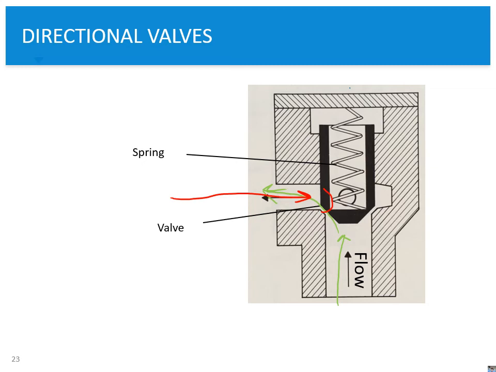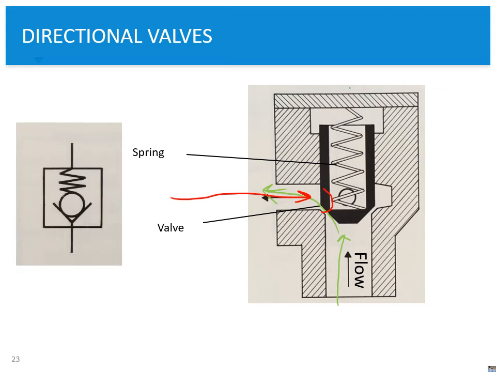Some clever engineering can help to make this seal even better. So the flow is blocked. And we usually indicate this by this schematic drawing over here. There's a small ball connected to a spring, only allowing flow to go from this direction, pushing the ball up and moving in this direction. And from the other direction, the flow is blocked.